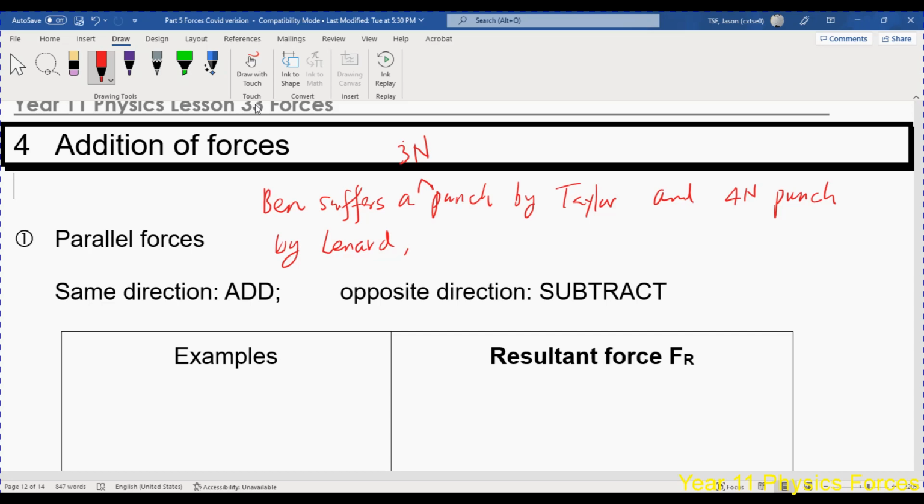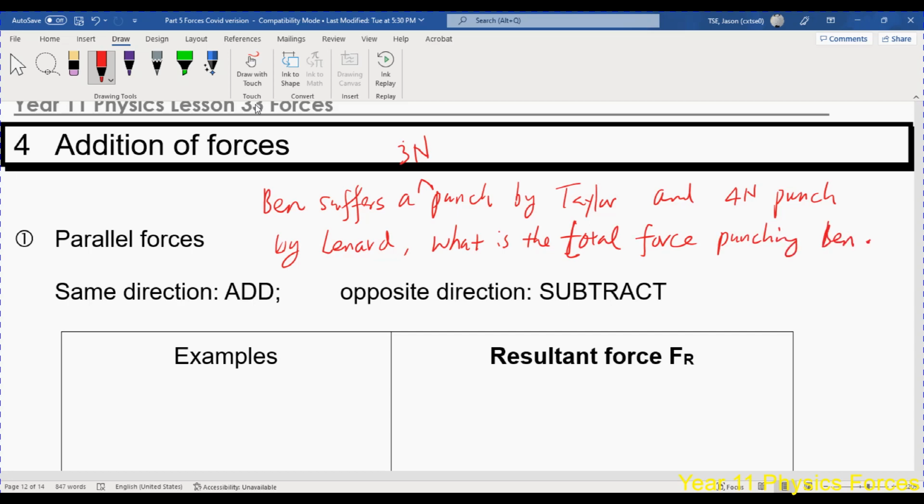What is the total force? That's the total, punching Ben.